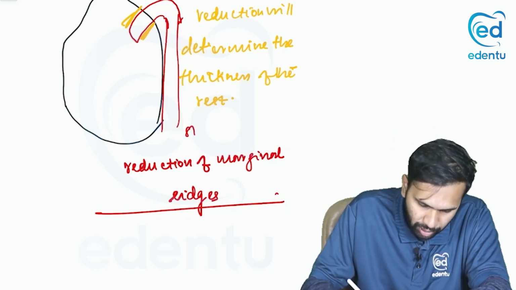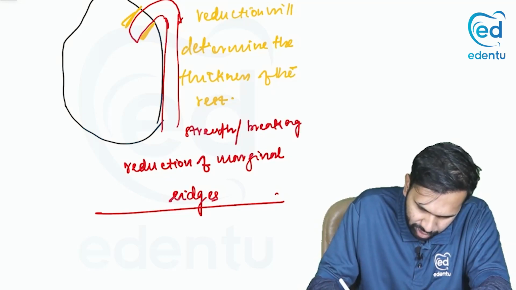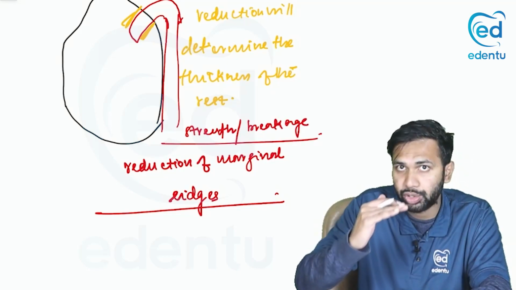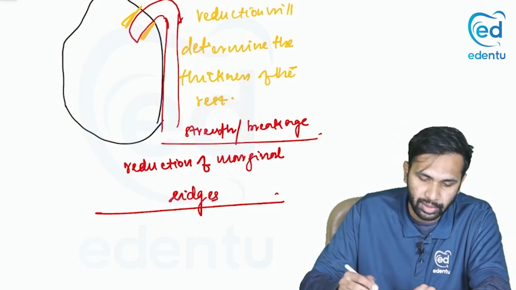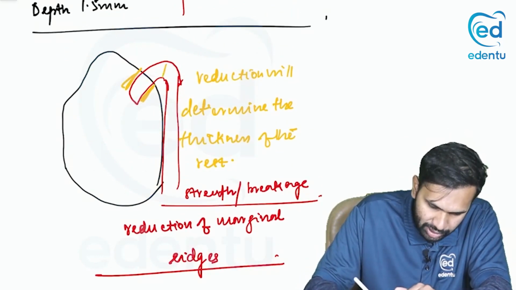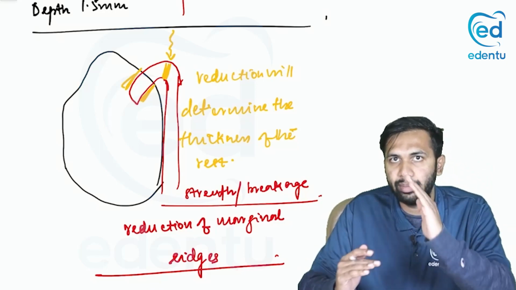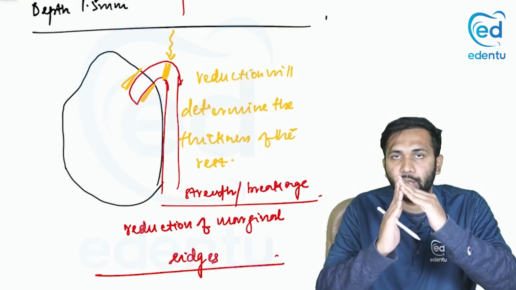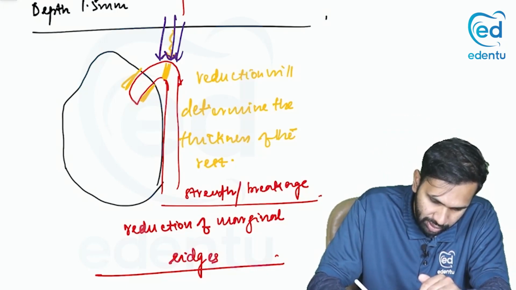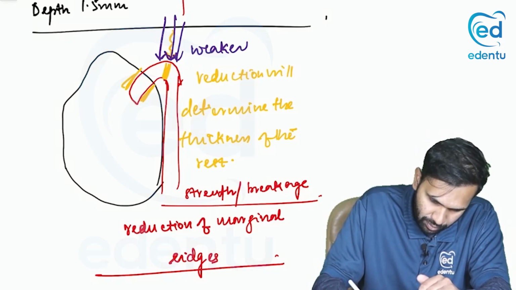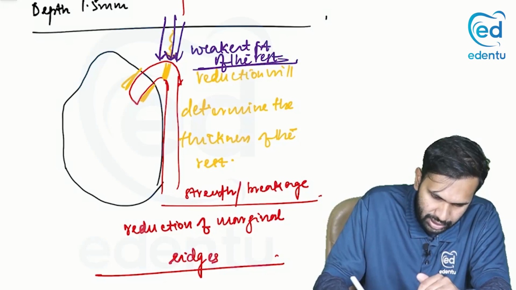The strength of the rest and breakage, everything depends upon the reduction of your marginal ridge, how thoroughly and effectively you have reduced it. Because it is at this joint, between the rest and the minor connector, at that acute angle that I told you, that maximum stress is falling. This point is subjected to maximum load. The weakest point of the rest is the junction.